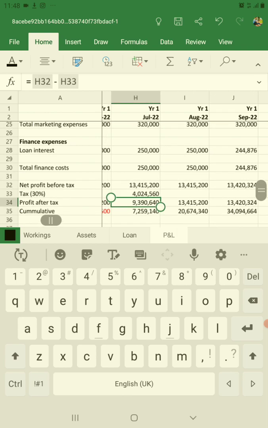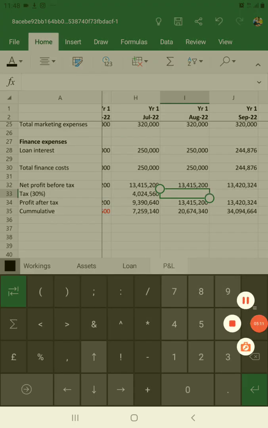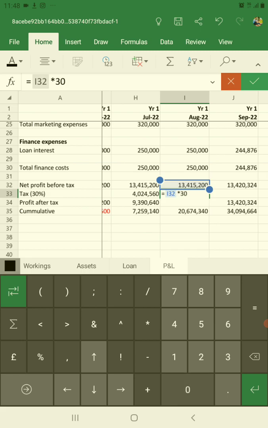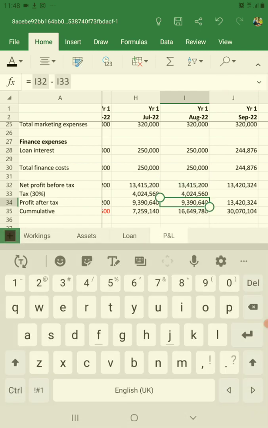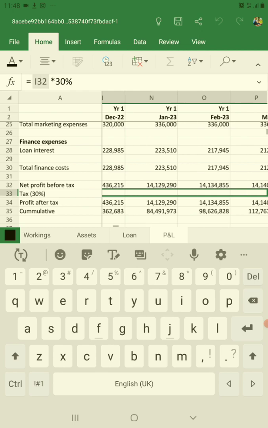So it's just a matter of putting an equal sign, taking the net profit figure, and multiplying by 30%. That is going to be the figure, and I tap to fill this throughout the projection period.